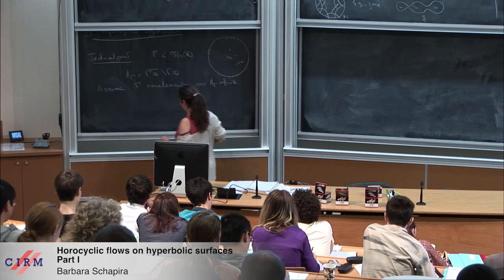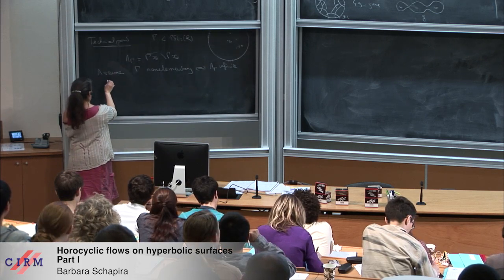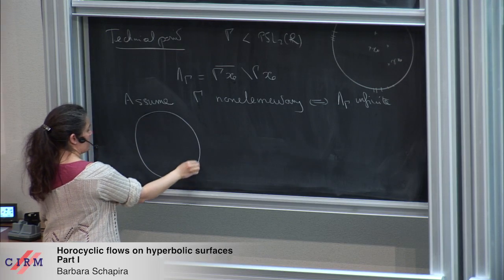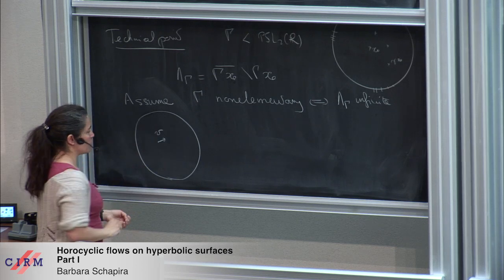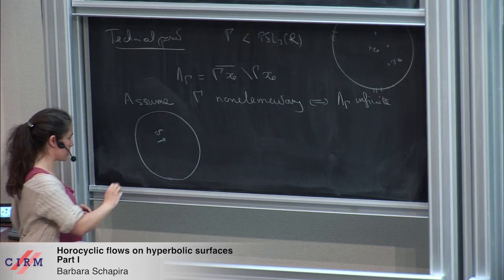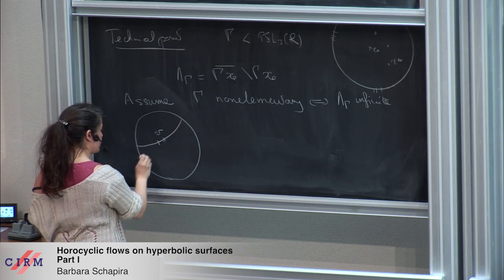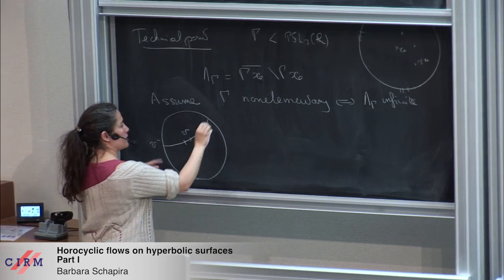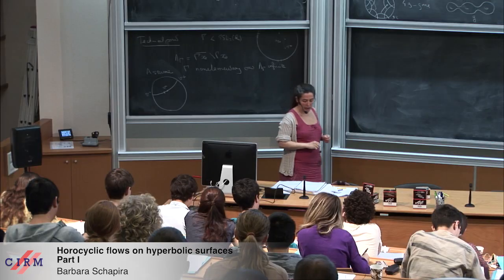And Frederick explained to you the Hopf coordinates. So if you take a vector v in the unit tangent bundle of the hyperbolic disk, and you look at its geodesic, it's important to consider the negative and positive endpoints of these geodesics.